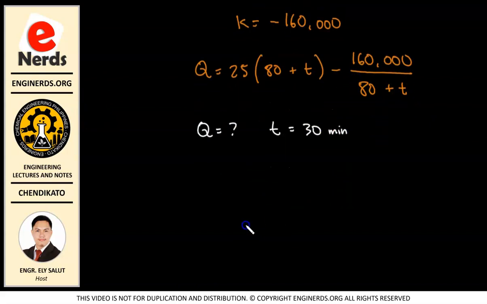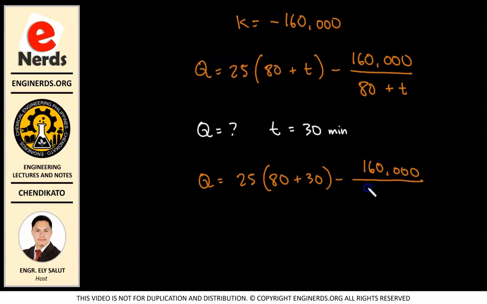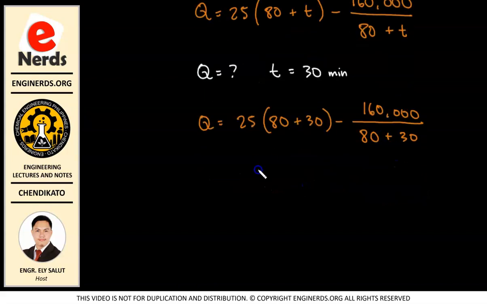So we have Q is equal to 25 times 80 plus t, which is 30, minus 160,000 over 80 plus 30. We're going to solve this now.